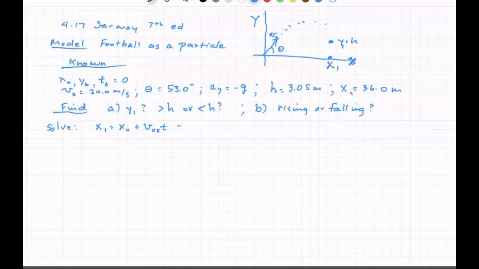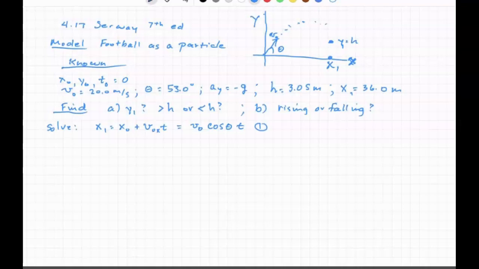And we know that x sub 0 is 0, so we can write this as v sub 0x t, and this is equal to v sub 0 times the cosine of theta times t. We can call that equation 1.